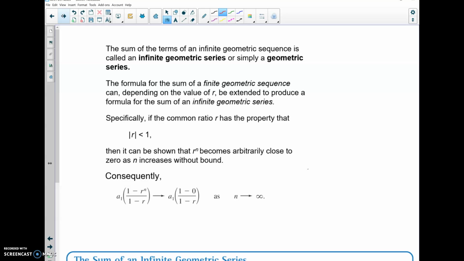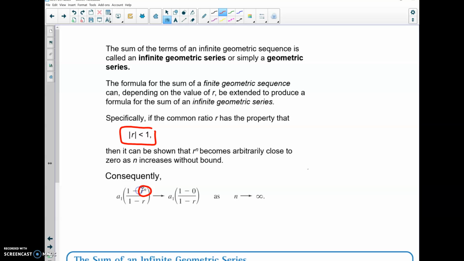So the sum of the terms of an infinite geometric sequence is called an infinite geometric series, or in short, geometric series. So if we were to look at our formula here, as long as our common ratio is less than 1, very important. Here is what our sum would be. This is the formula we just wrote down.